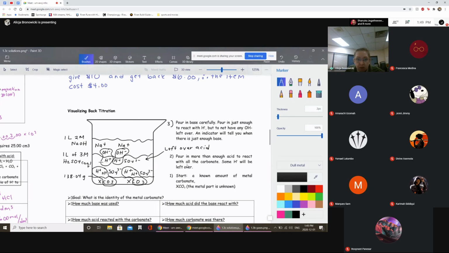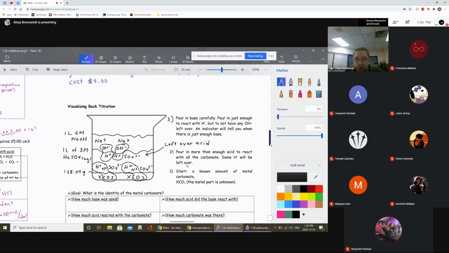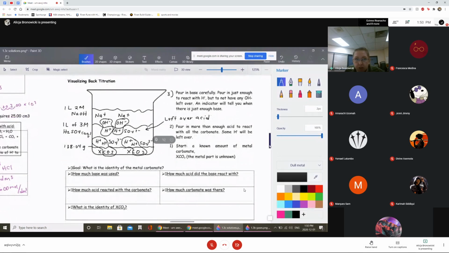That's going to give us how many moles of acid was left over. From your leftover moles of acid, you could figure out how much acid was used. And then from the amount of acid used, you can figure out the amount of your carbonate. So let's just do the calculations, because what I probably just described to you doesn't make a lot of sense.